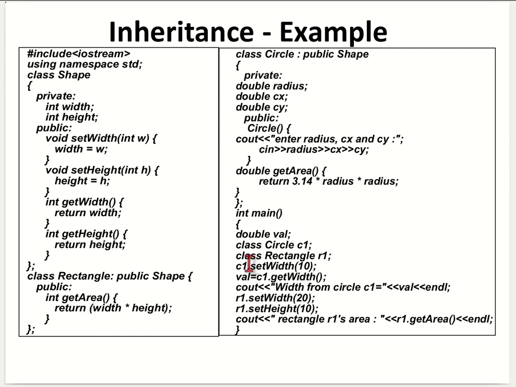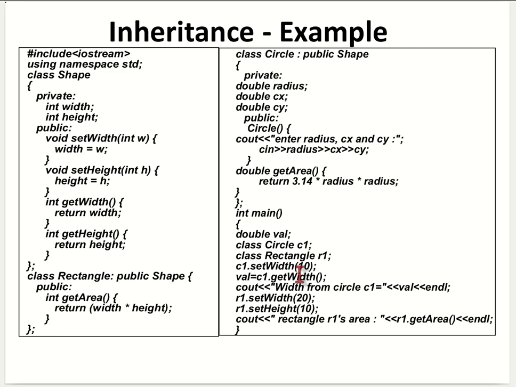Whenever we say C1 dot set width of 10, what will happen? The set width function is available, and it will call set width of 10 and initialize the width of the circle.